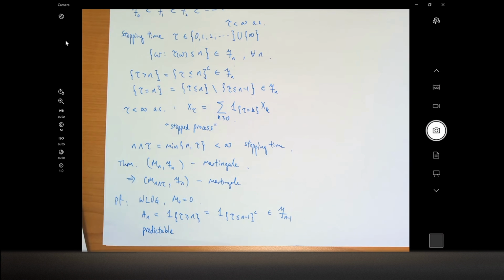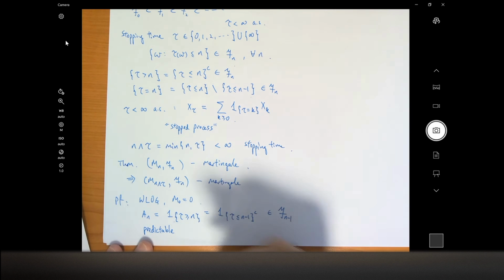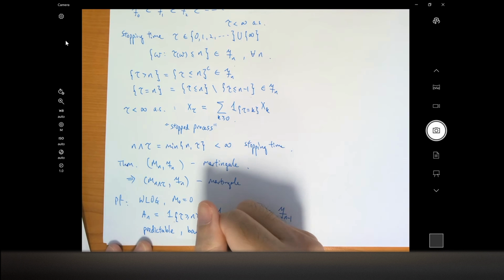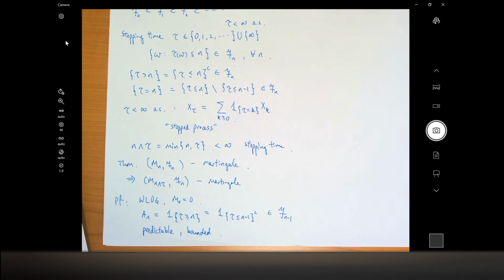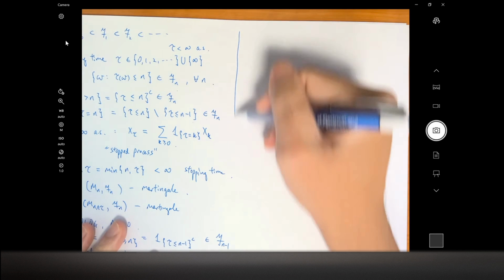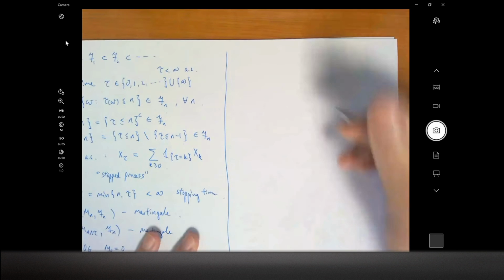Moreover, because this is an indicator function, it takes on the value 0 or 1, so it's definitely bounded. So we can make use of our martingale transform theorem from last session, where it says that doing the martingale transform with respect to a predictable sequence that is bounded will give you back a martingale.